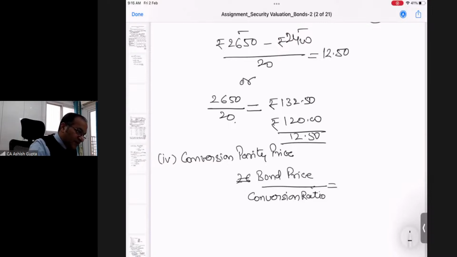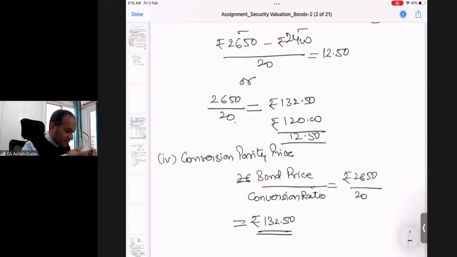So my bond price is this much, and at this price, we can say it like that.